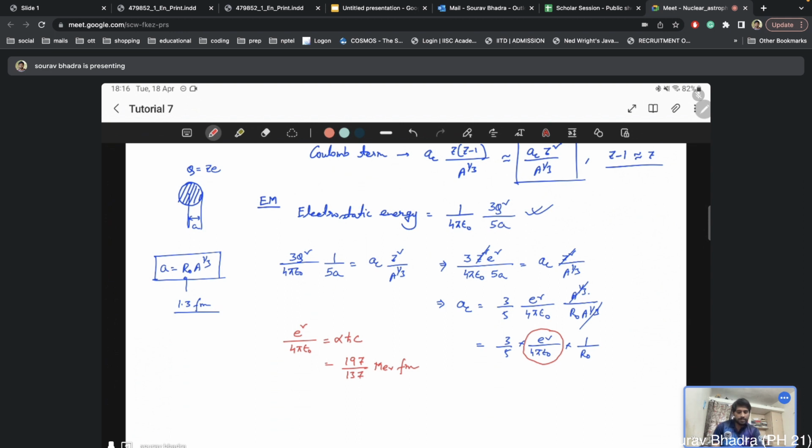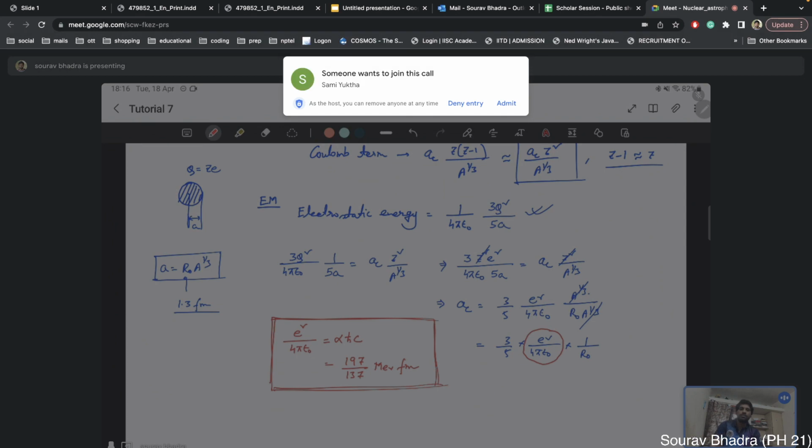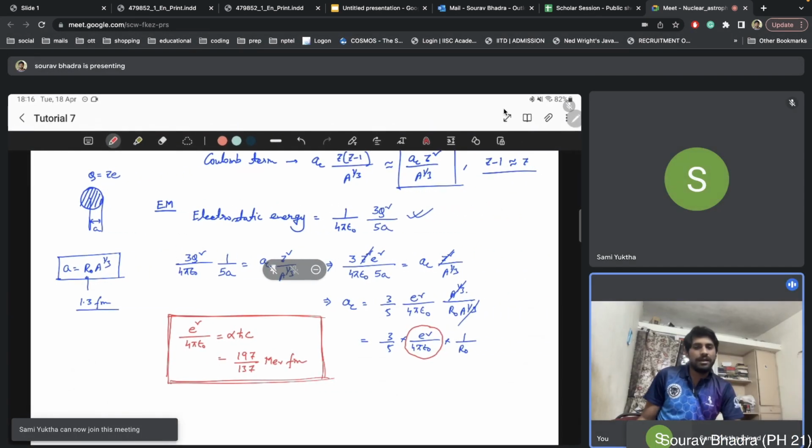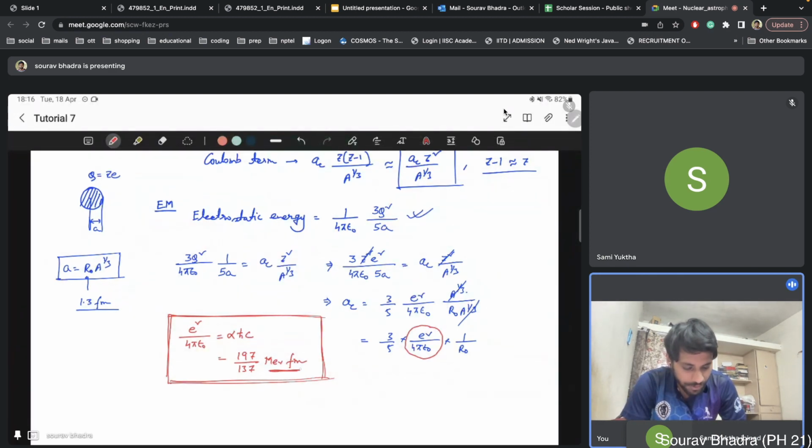If you can remember this particular expression, it will be very useful for your calculation. I am again saying, if you can't remember, no problem, just put in your values of e, pi and epsilon 0, and you will reach the same value. But in MeV femtometer unit it can be expressed like this, which I will put in this expression.